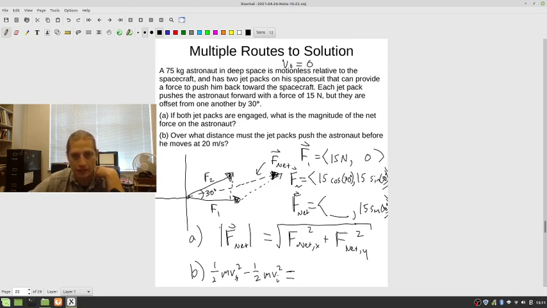So in this case, the work would be this F net times the distance. So we know the magnitude of F net. We also know that he starts out motionless, so this term would just be 0. So you can put in the 20 meters per second right there. You can put in the mass of the astronaut, and then you can go ahead and solve for D.